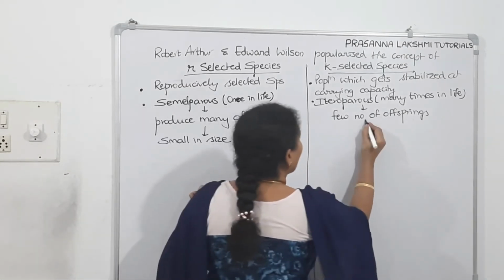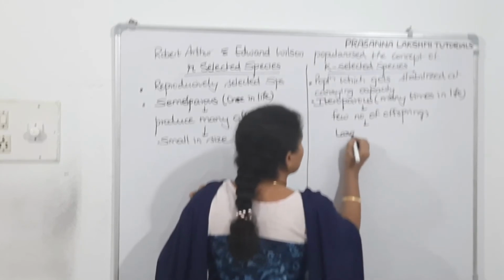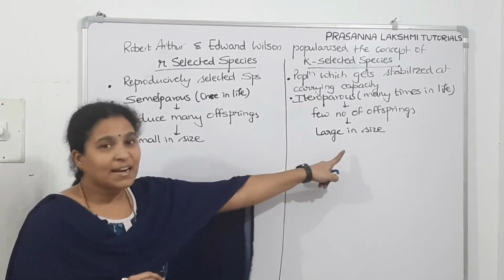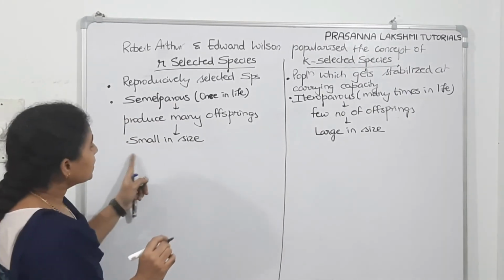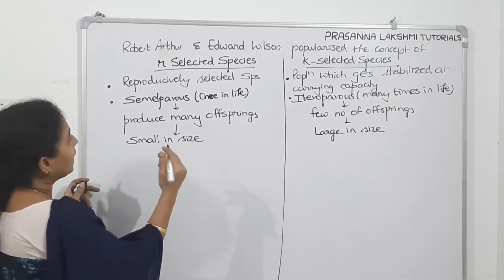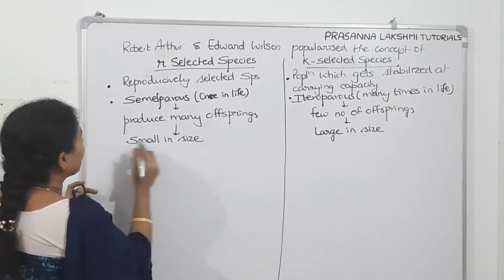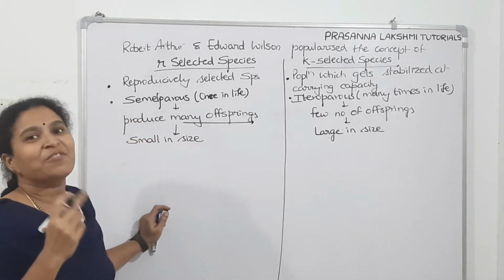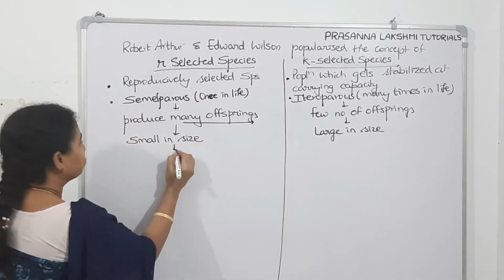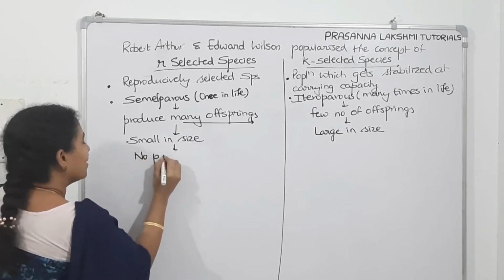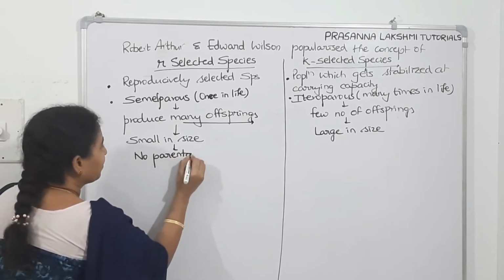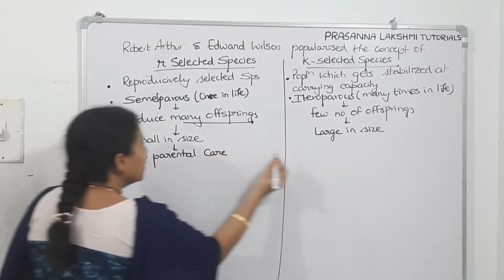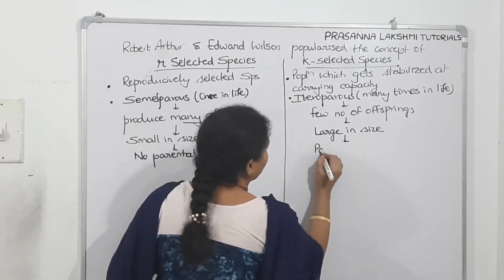Since K selected offspring are few and big, we can tell they are large in size. Now, since they are small in size and there are many offspring, the parents cannot take care of so many, so we can tell no parental care here. And here we can tell parental care will be there.